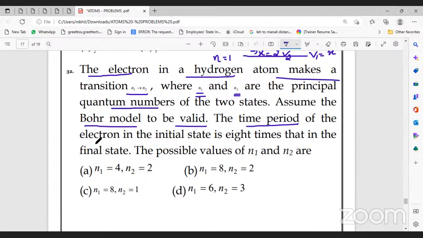The time period of the electron in the initial state is 8 times that of the final state. T1 is equal to 8 times T2. Now they are expecting you to find the possible values of N1 and N2.